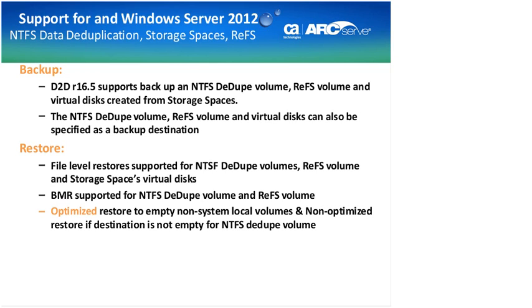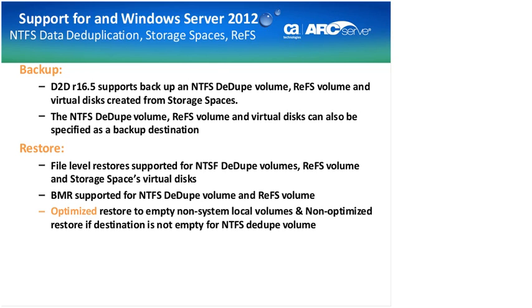So the image-based backup solution, as some of you might already know, is called ASAP G2D. With the latest version 16.5, we are able to support backup of the NTFS dedupe volume. We are able to back up resilient file system volume and virtual disk created from the storage space.